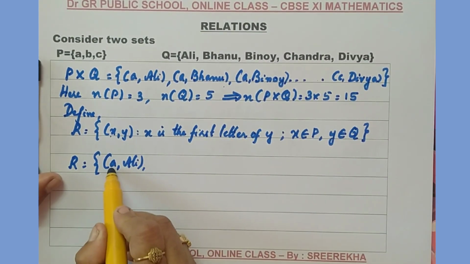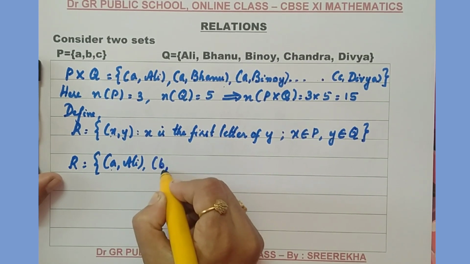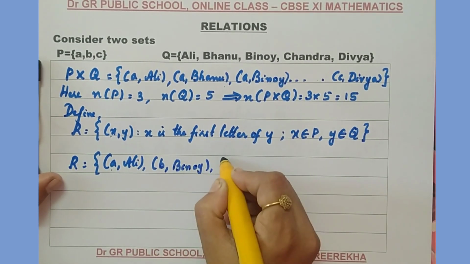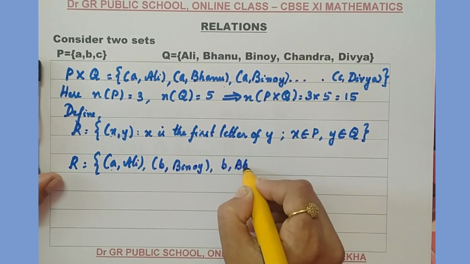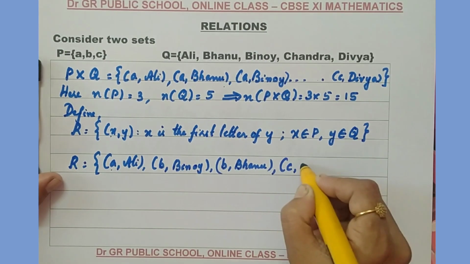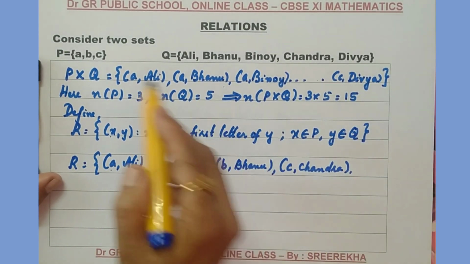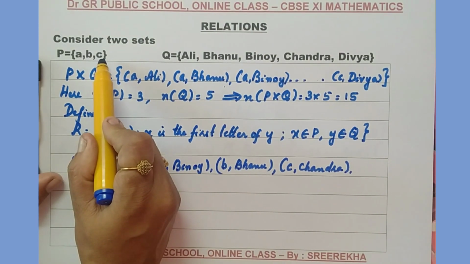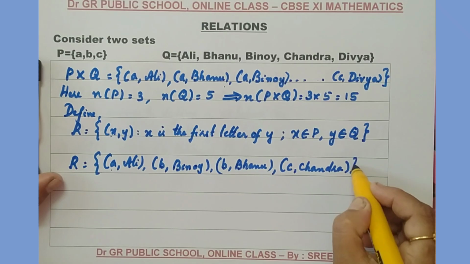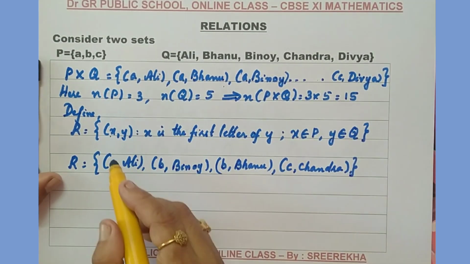Because X is the first letter of Y. So in this way, if you continue, you get B Binoy, B Bhanu, C Chandra, this much only. Why? Because there is no element in P as D, so you can't connect with the Divya. So this much only.